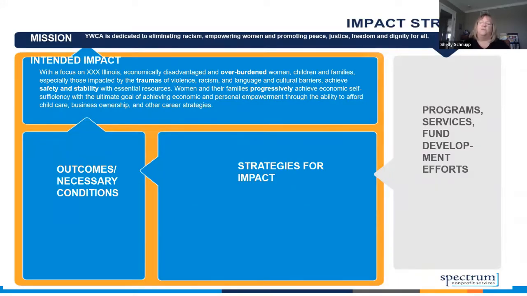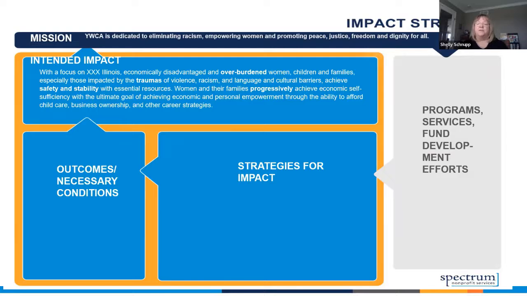So here's an example of one organization's mission and intended impact. You'll see that it shows how a very important yet very broad mission can be further defined, reflecting the needs of a local community and providing clear direction for action and decision making.